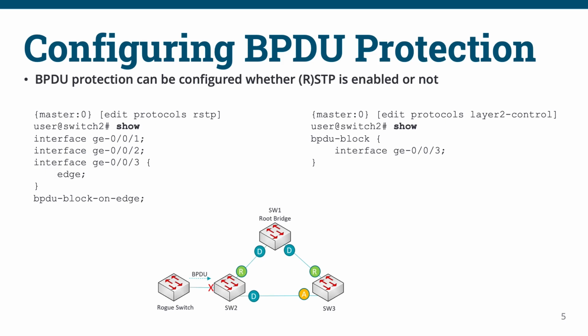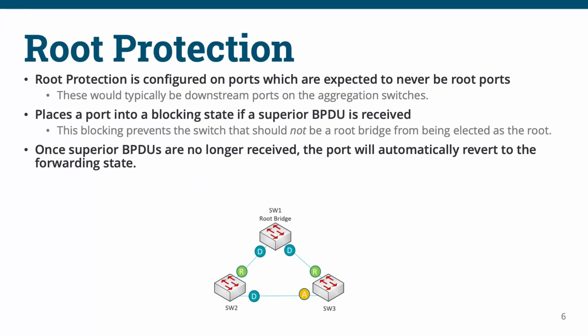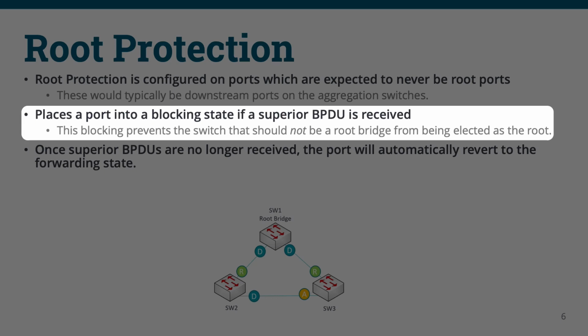Now that we know how to configure BPDU protection, let's review the next feature, root protection. Root protection is used when we have a purposefully designed and deterministic switching topology. This feature will place a configured port in a blocking state if a superior BPDU is received on that port.